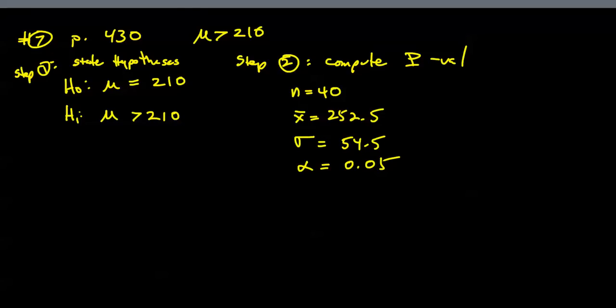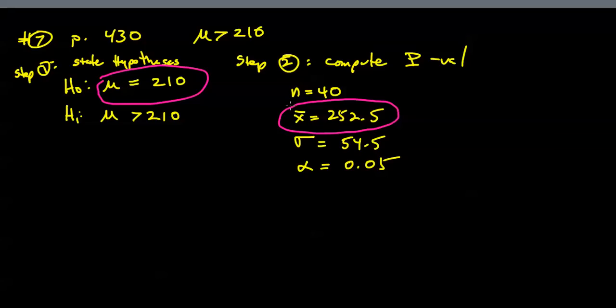Alright, I don't want you to lose sight of what's going on here. It's possible to work these problems out kind of mechanically and not really appreciate what's going on. So let me stress this. Someone is challenging this implied assumption that mu equals 210. And they're challenging that statement with this sample data.